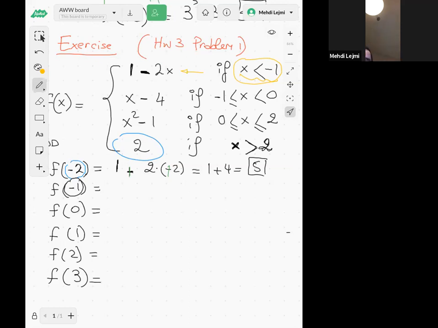Now, if you check the second condition, you can see there's a line here, which means that your x can be equal to -1. That's good news because my x is exactly -1. So I'm allowed to use the second equation, which is x minus 4. That's -1 minus 4, which is -5.